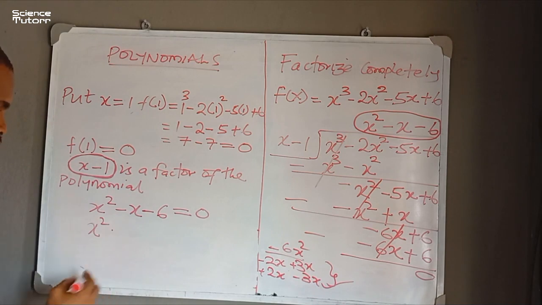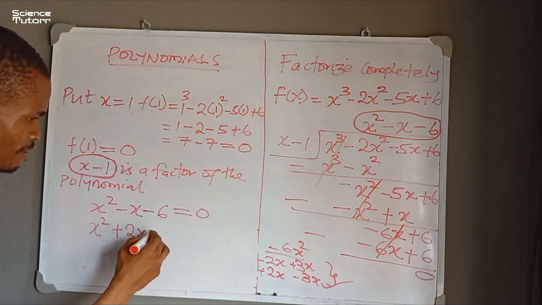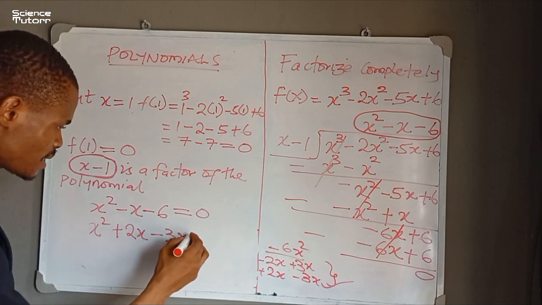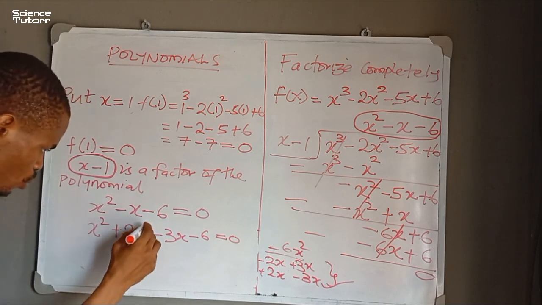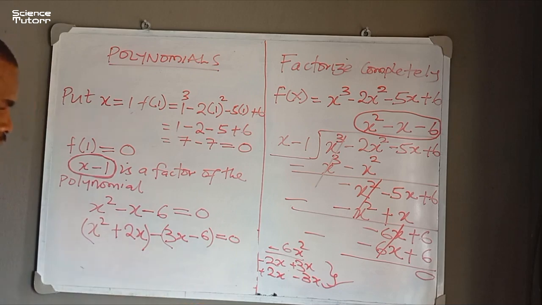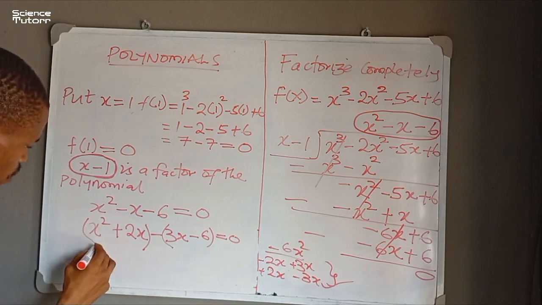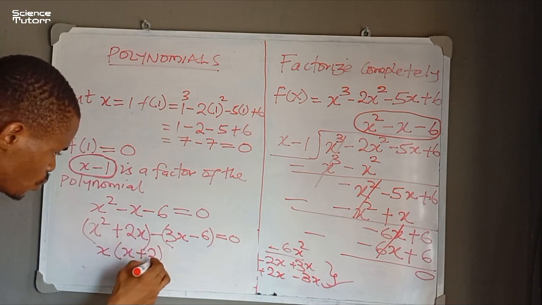So let's substitute. We have x squared plus 2x minus 3x minus 6 equals 0. Grouping terms together, grouping 2 by 2, and then collecting like terms. So like terms here, we bring out x into x plus 2.